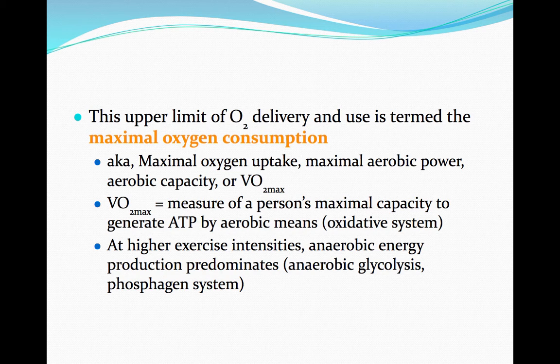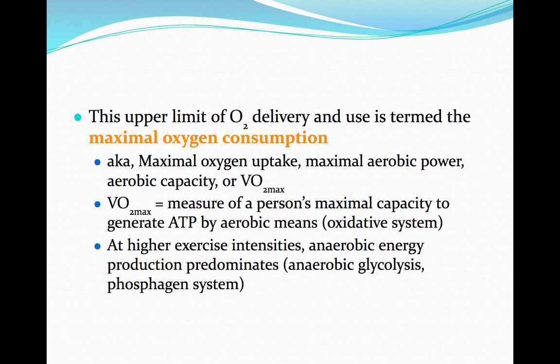It's also called other things: maximal oxygen consumption, VO2 max, maximal oxygen uptake, maximal aerobic power. There's all sorts of things here for you to see, aerobic capacity. But when we see a number for somebody's VO2 max, that's a measure of a person's maximal capacity to generate ATP by aerobic means, by that oxidative system.